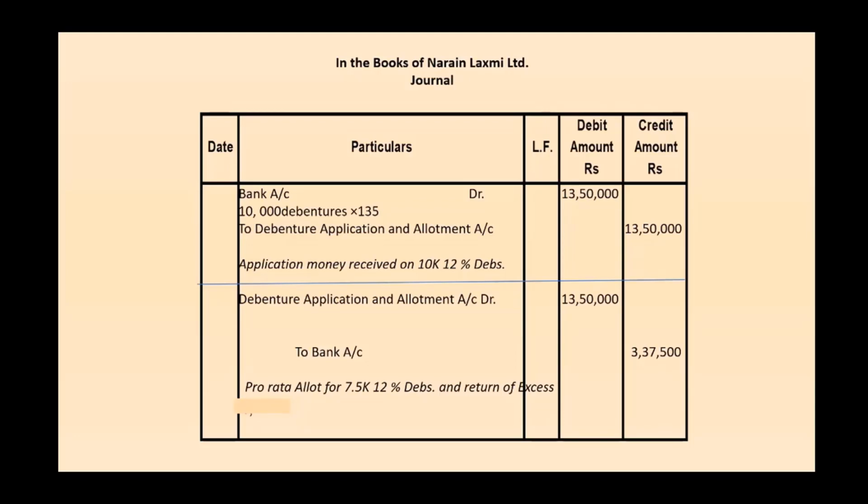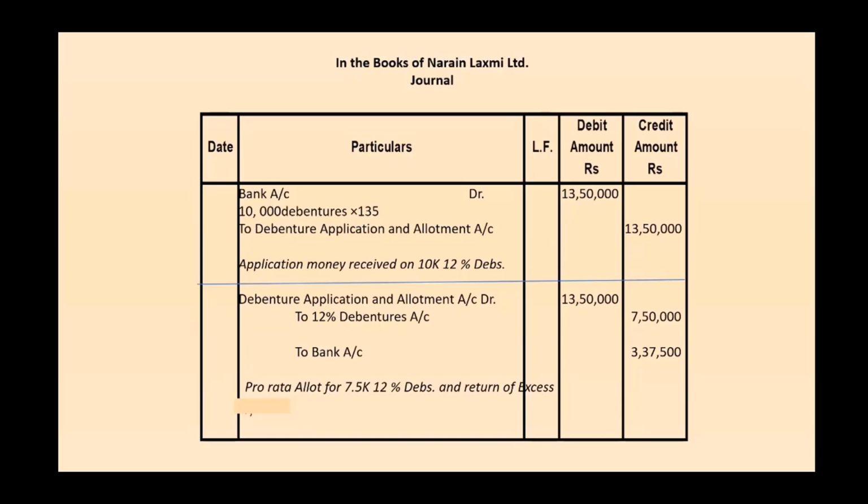7,500 applications were allotted debentures, the face value of each being rupees 100. Therefore, 7,500 into 100 equals rupees 7,50,000. This amount is transferred to the debentures account. The premium on issue of debentures is rupees 35 for each of the 7,500 debentures allotted.